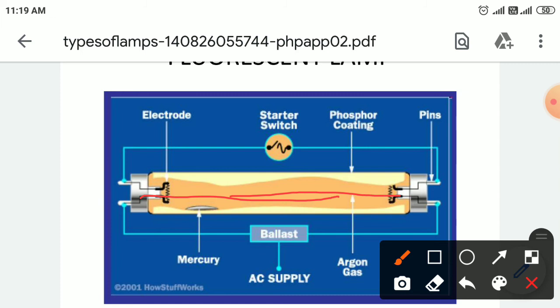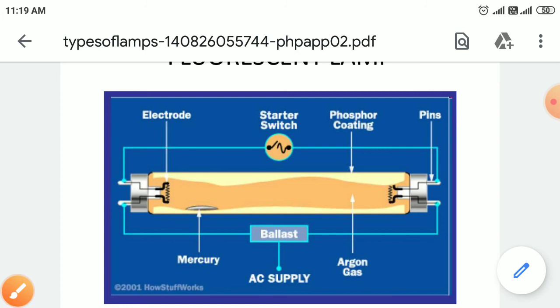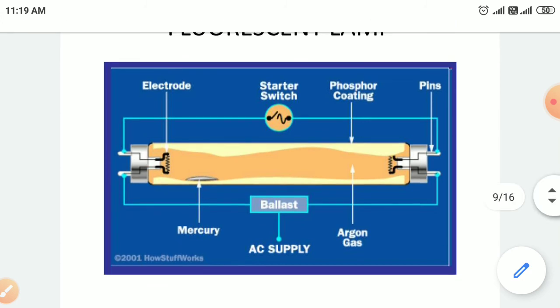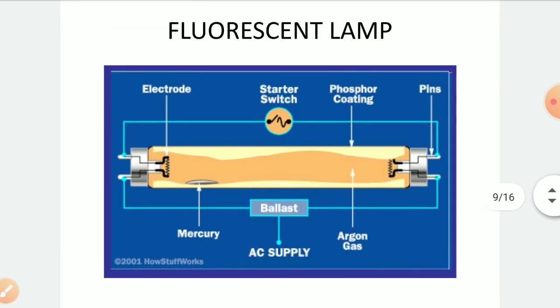Once the current flows through the gas, a bright light is produced. The color of the light is white because the argon gas and the phosphorus coating are white. Heat energy is produced, which in turn produces the light, so it looks like a bright color. This is just the simple working principle.